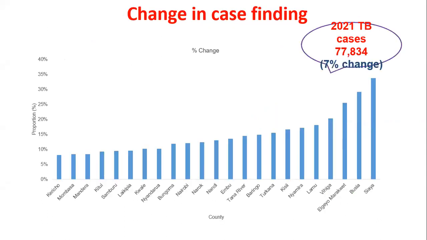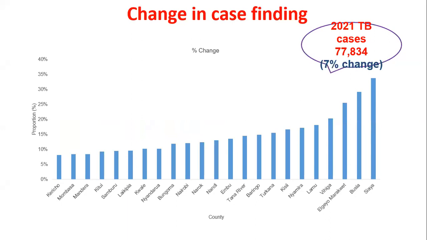That shows the TB case notification change in 2020, 2021, in the era of COVID-19. This shows that some of the counties had shown an increase in TB case finding despite the outbreak and the effects it has brought to TB case finding.